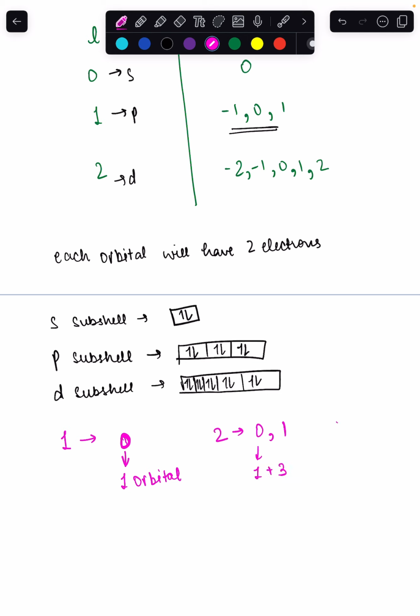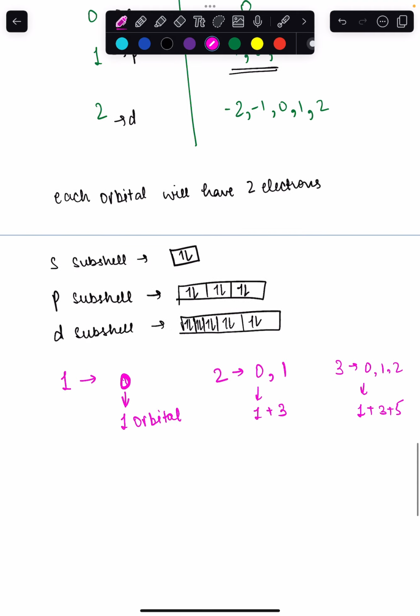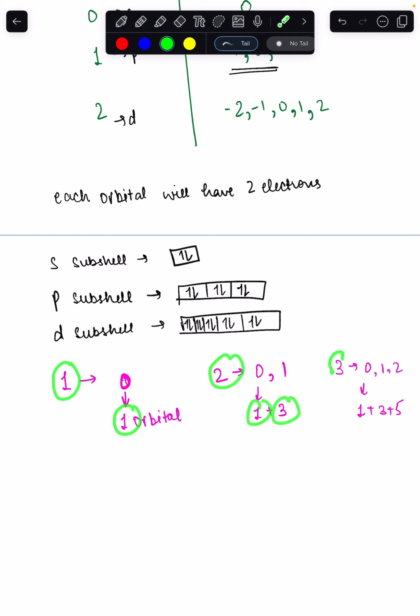For the third, you will have 0, 1, 2, which will give you 1 plus 3 plus 5, and so on. If you observe the pattern, for n equals 1 you have 1, for 2 you have the first 2 odd numbers, for 3 you have the first 3 odd numbers, and so on.